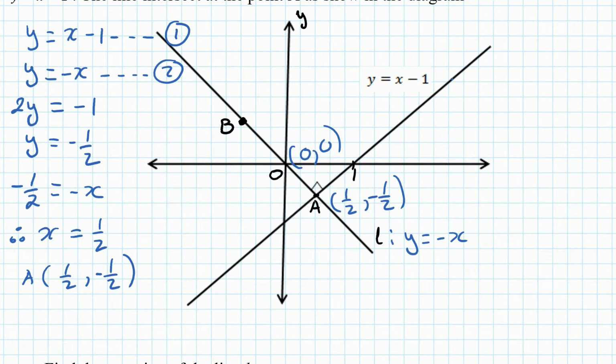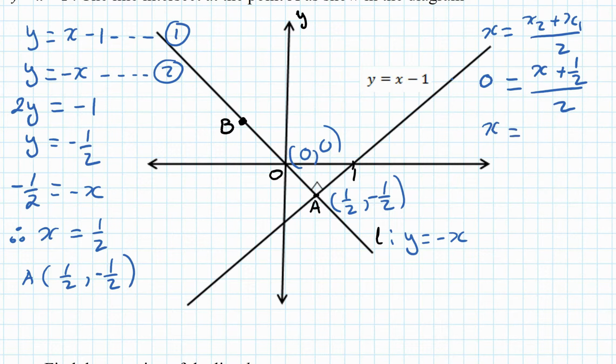Now I need to find point B. Of course, you can do it by inspection, by looking at the graph, but I'll just quickly use the formula. I know that the midpoint x equals (x2 plus x1) divided by 2. So x is 0 because it is the midpoint, so x plus 1/2, divided by 2, means x must be -1/2.